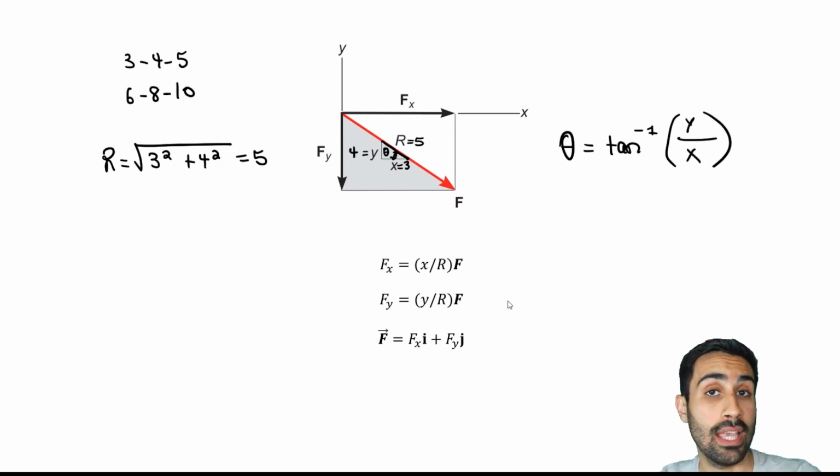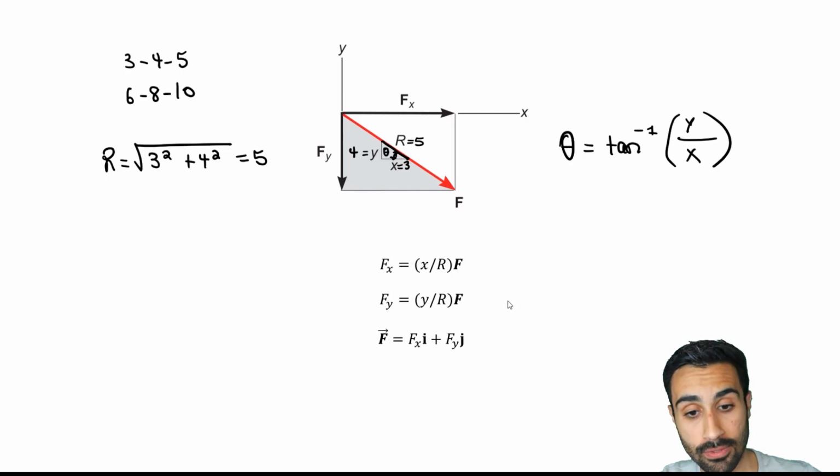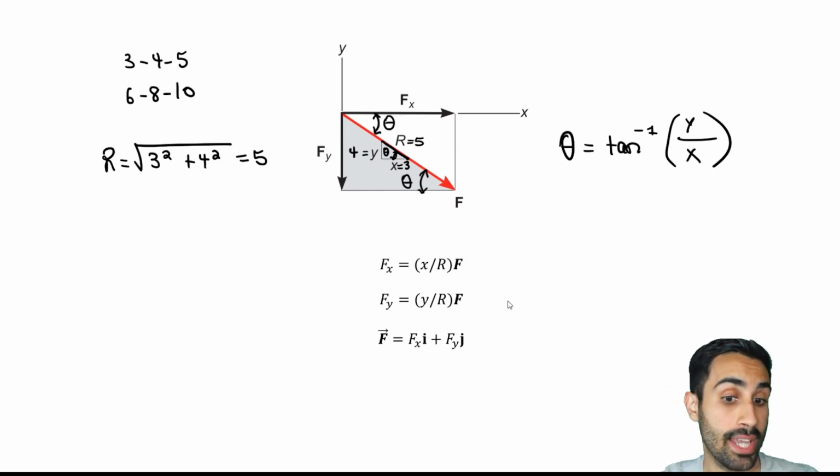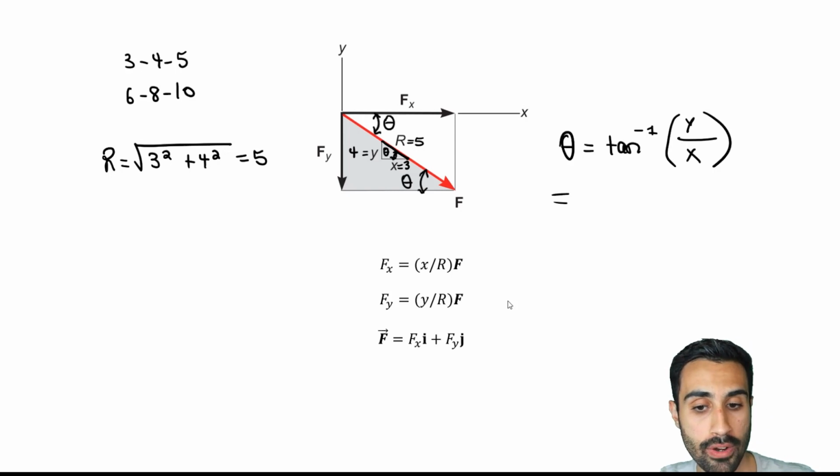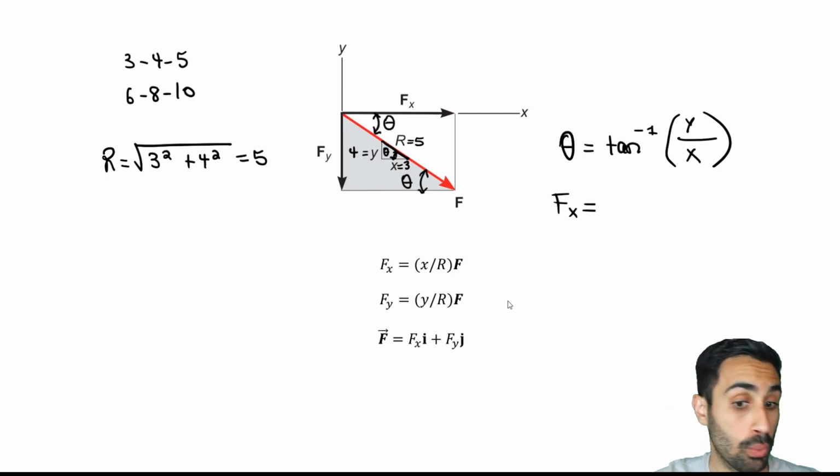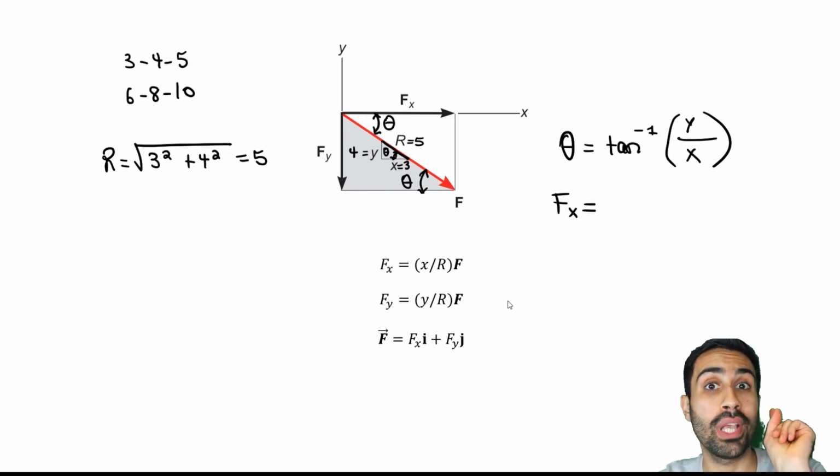And with that angle theta, we just have to be careful. The angle theta that we just determined based on this orientation would be the same as this angle theta. So that's the exact location. So our Fx value would be what? If Fx shares the angle with the magnitude of the force, it's always cosine.